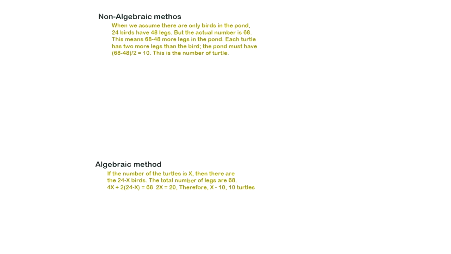Okay. When we assume there are only birds in the pond, this is the key. You need insight, inspiration. Let's assume only birds, okay? The 24 heads means 48 legs.